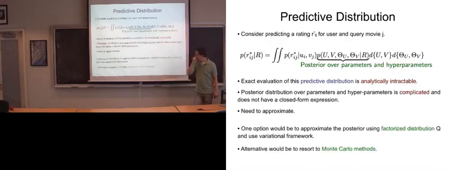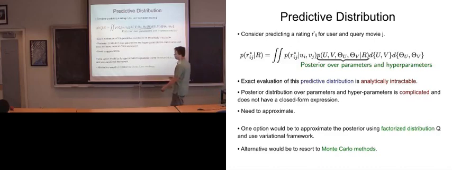One option, as we've seen in the last class, is to approximate the posterior using a factorized distribution Q. You can take this posterior distribution and approximate it with the factorized distribution Q, exactly what we did last class. That's a valid option, and it actually gives pretty good results.